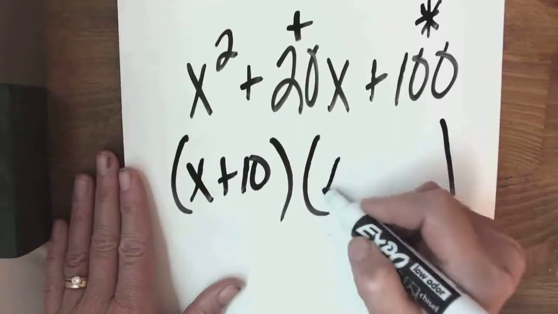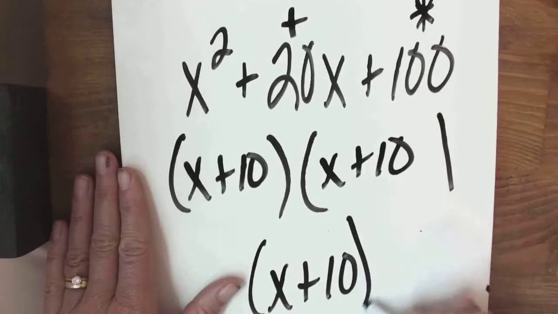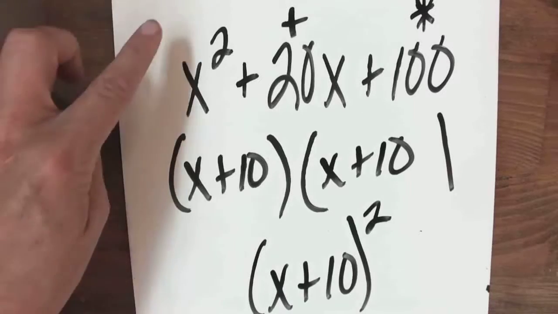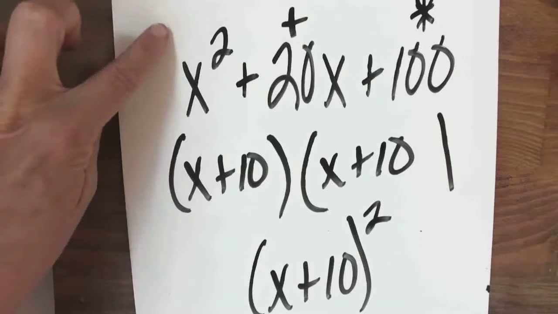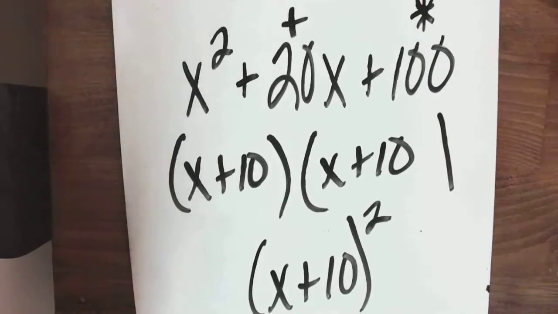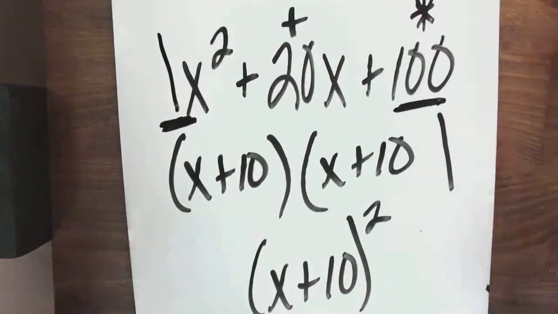So it's x plus 10 and x plus 10, which is better written as x plus 10, the quantity squared. The only reason that this one might seem a little quicker is that there's a 1 there, which again is a perfect square. If you see a perfect square here and here, it makes the problem a little bit easier. So best of luck.